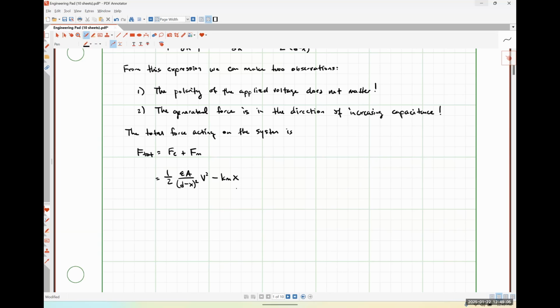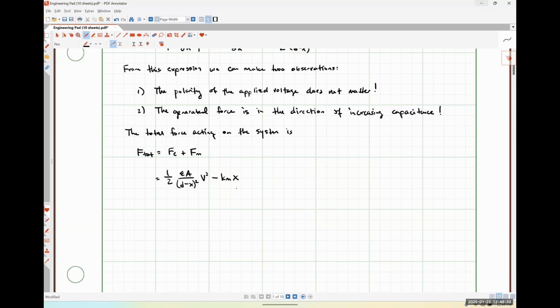Since one is dependent on X and the other is dependent on X squared. So at a sufficiently large induced displacement, we'll actually find that the electrostatic force is going to exceed the restorative spring force. And so what's going to happen is that essentially after we cross this threshold to where our restorative spring force is no longer able to counteract our electrostatic force, our plates are going to snap together.